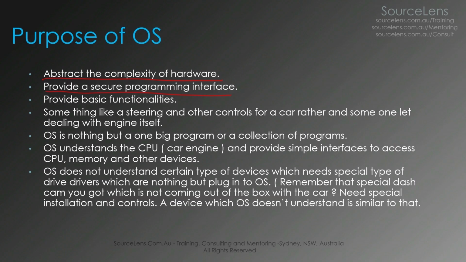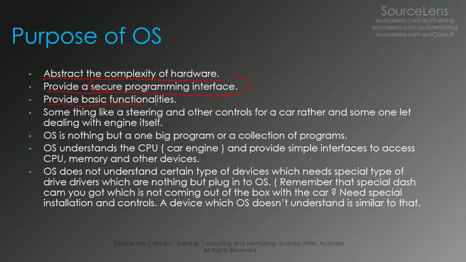So a lot of that complexity is abstracted from you in a steering. Like that, the operating system provides programming interfaces to make life easier for the programmer who is writing programs for that operating system. Typical examples are accessing a file, accessing a network card, accessing a USB device, and a lot of those kinds of devices. So that is programming interfaces.